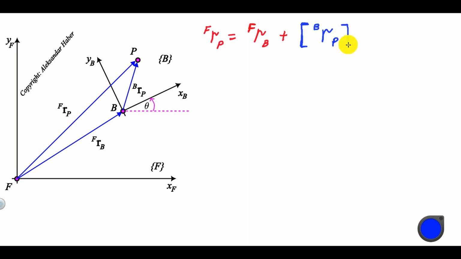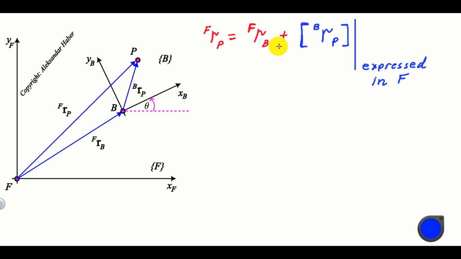However, over here, I'm going to introduce a vertical line and say the following: expressed in F. So this term over here is not exactly RPB expressed in B, this is RPB expressed in S.